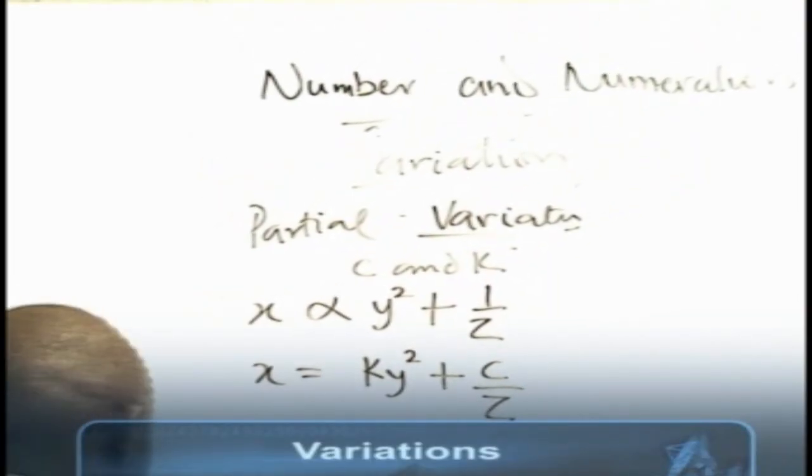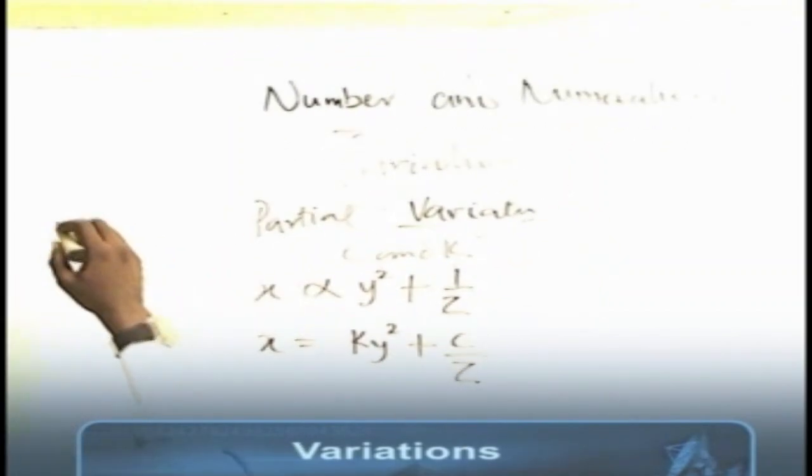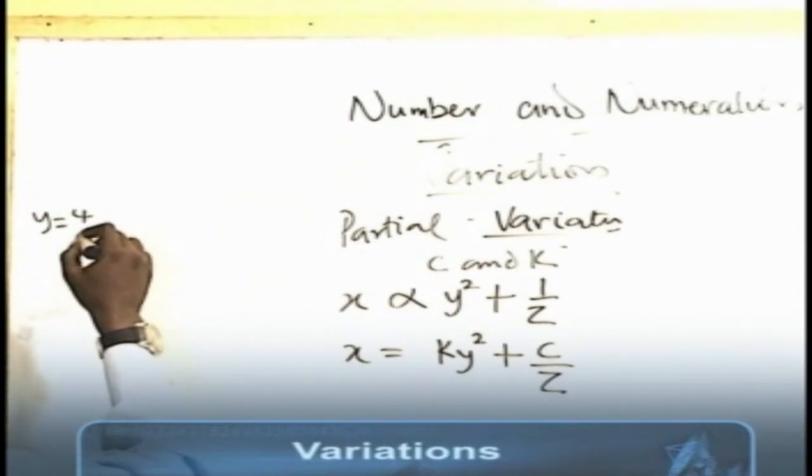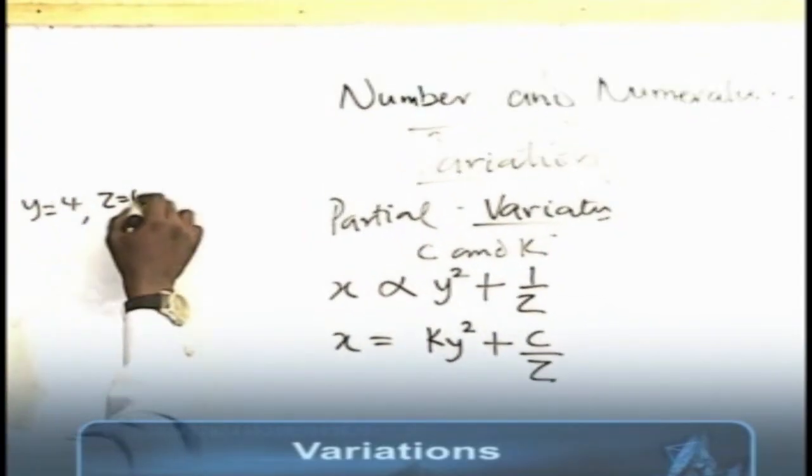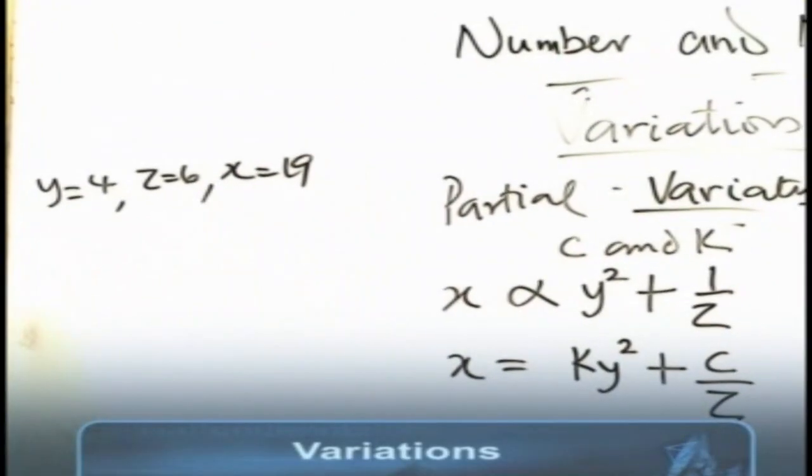So let's take the first one. We're told that y equals 4, z equals 6, and x equals 19.